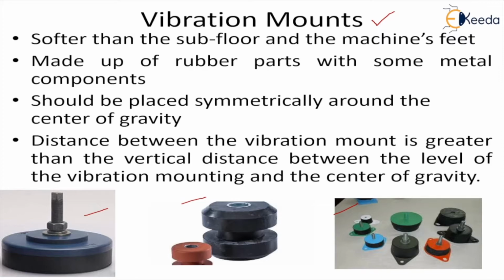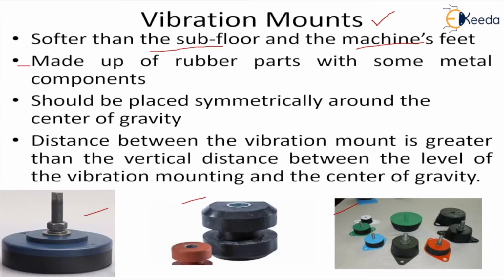Basically the vibration mounts comprise a material which is softer than the subfloor and the machine's feet. The mounts are made up of two components: one is the rubber part and the other is the metal component. The combination provides the stiffness of the metal component, and the rubber acts as the damping component, right?